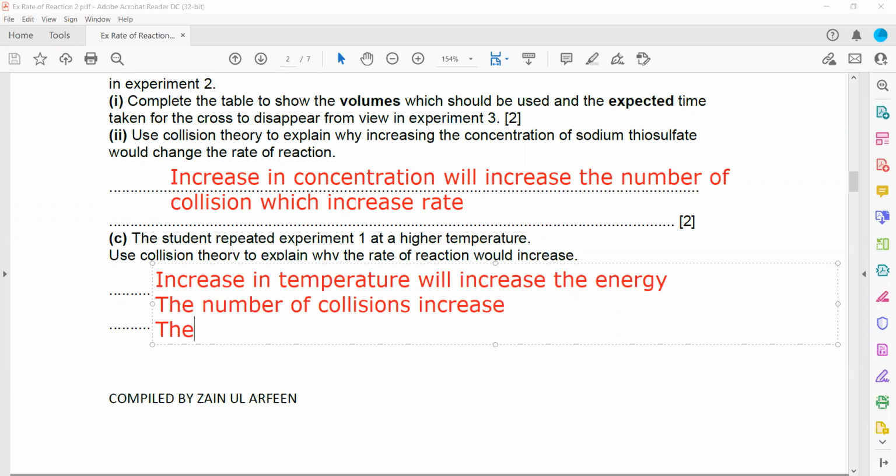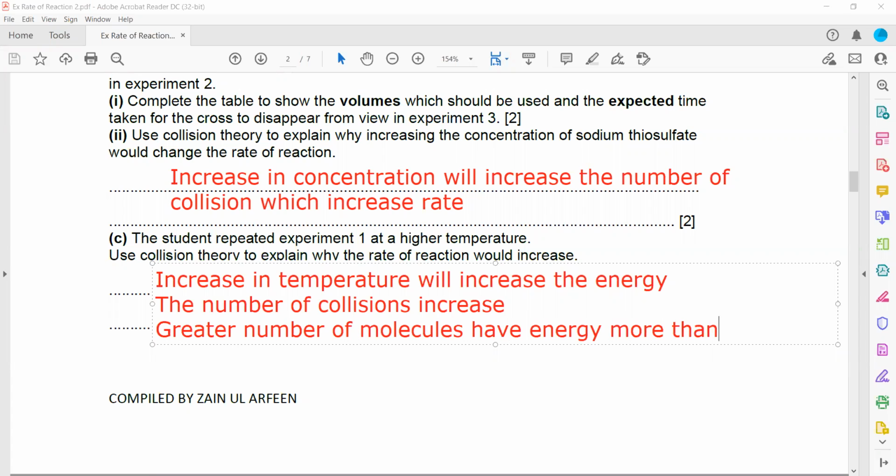The greater proportion of molecules have energy more than activation energy. So when a greater proportion of molecules have energy more than activation energy, as a result, the rate of the reaction will increase as well.